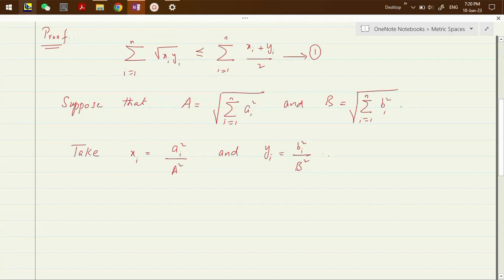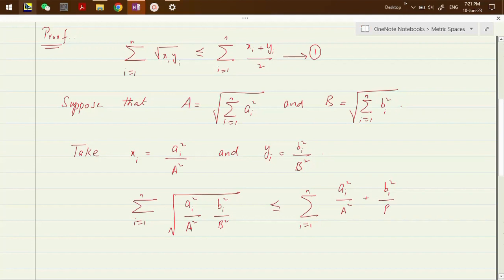So when we put these xi and yi in our equation 1, we get summation i from 1 to n root of (ai square over a square into bi square over b square) less than or equal to summation i from 1 to n (ai square over a square plus bi square over b square) divided by 2.